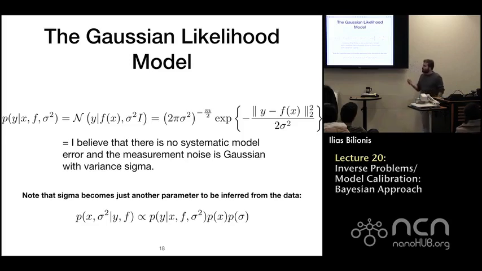So let me just tell you what happens most of the time when you're calibrating models. You have spent all this time to create an excellent physical model, maybe even years. And then when you try to calibrate it, you don't even want to spend 5 minutes to think about the measurement process. Seriously, this is what people do.